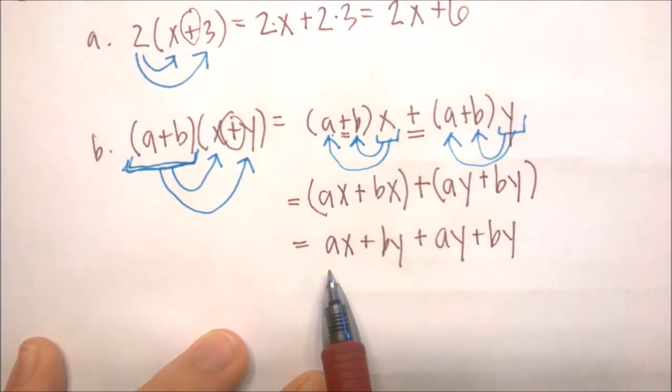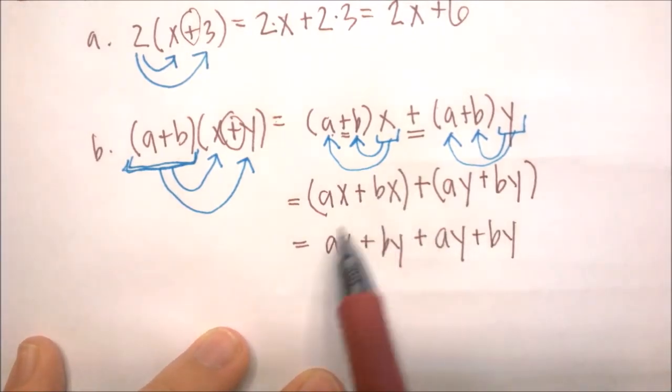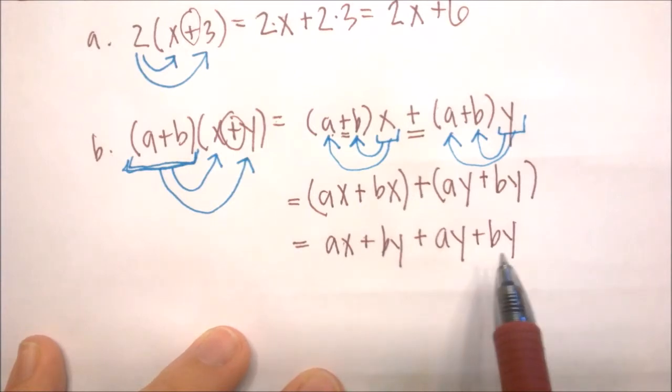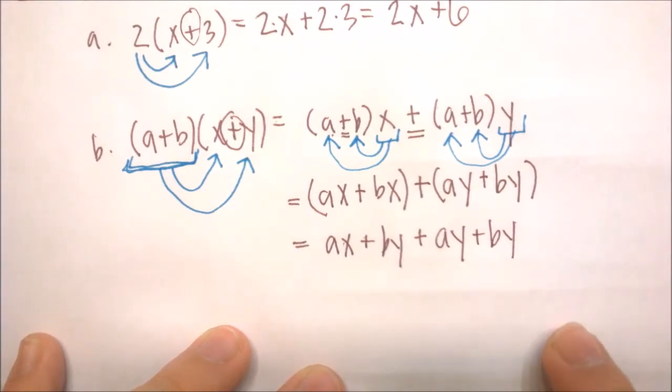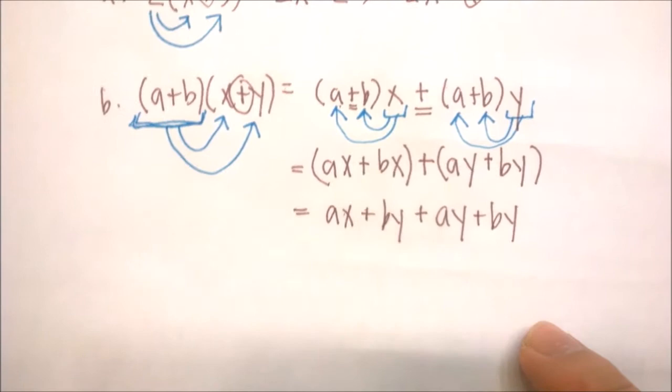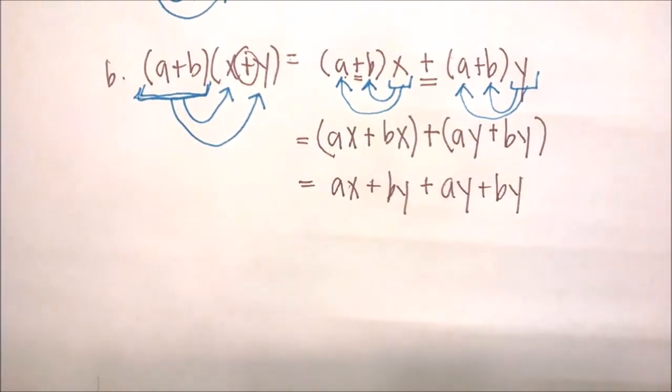Since it's associative, we know it doesn't matter what order we add any of these things, we will get the same result. Okay, so there are some properties and some examples using real numbers. And next time we'll talk about real numbers again and talk about properties of negatives and properties of fractions.